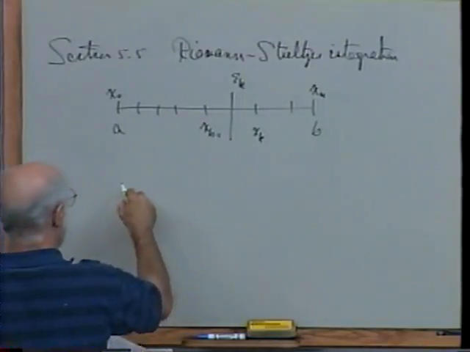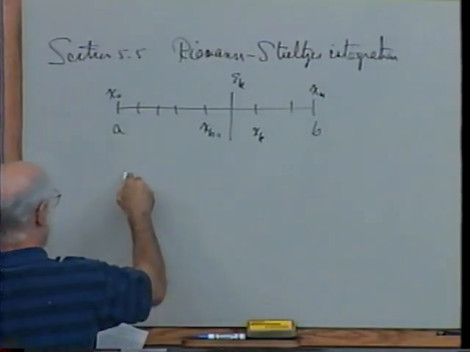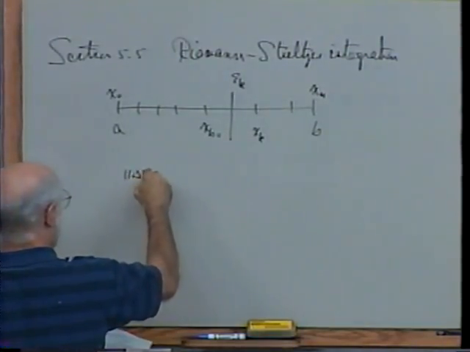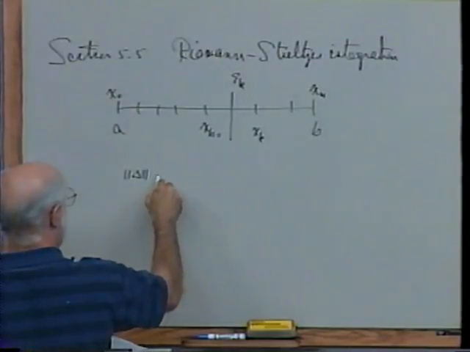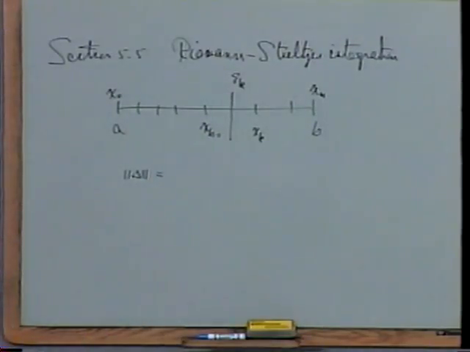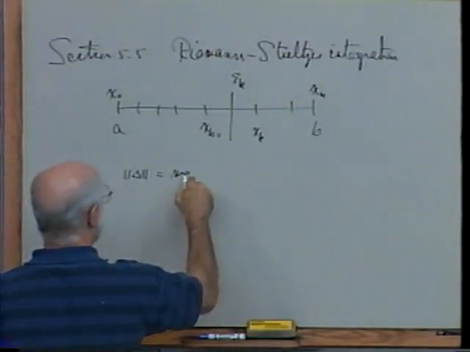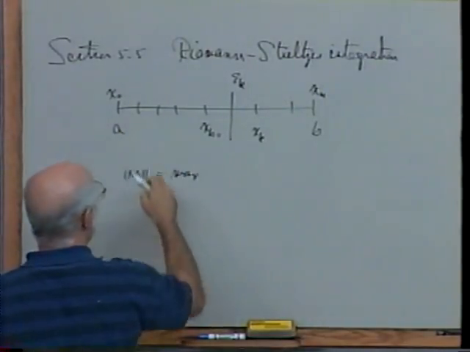And what I'm going to do is define the norm. That's delta with 2 bars around it, as the maximum value of these intervals.